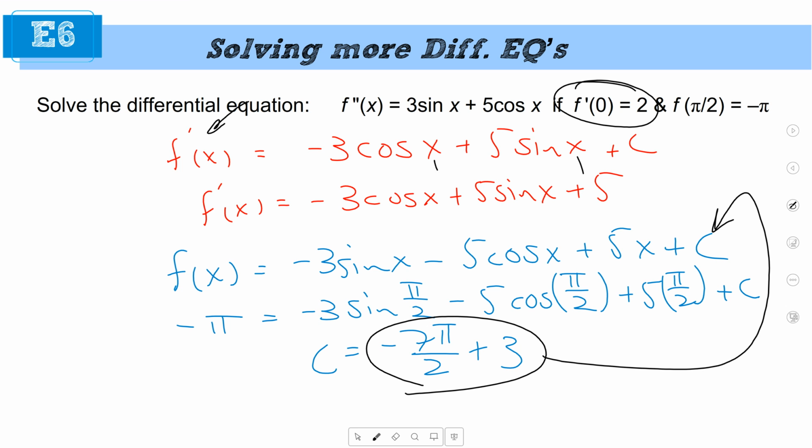This is 1. So we get, I'm going to squeeze it in here because I'm running out of space. That's negative 3. This is 0, so it disappears. This is 5 pi over 2 plus c. And then this is equal to negative pi. Okay?